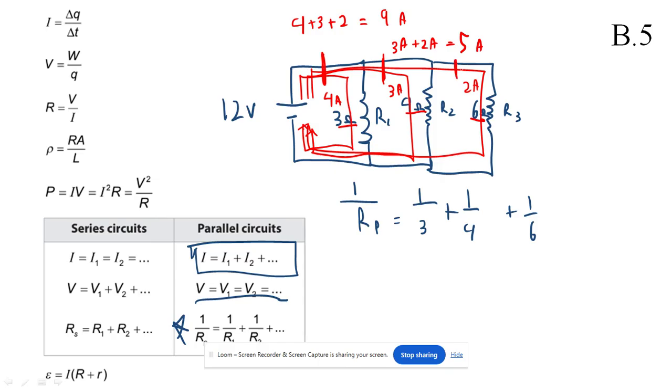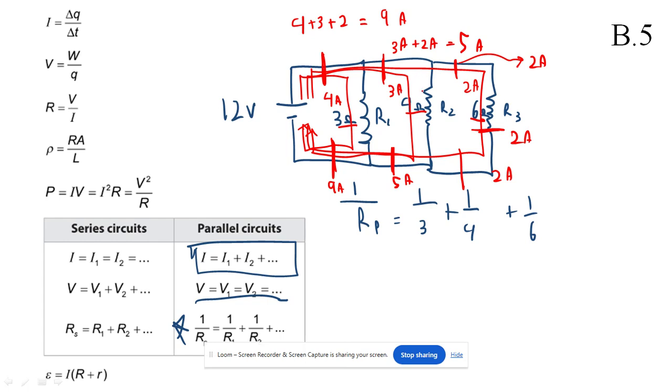If we look at this wire right here, it's only 2 amps. If I look here, it's 2 amps. If I look here, it's going to be 5 amps again. If I look here, it's going to be 9 amps. So 9 amps entering the battery, 9 amps leaving the battery, which of course has to be the same.